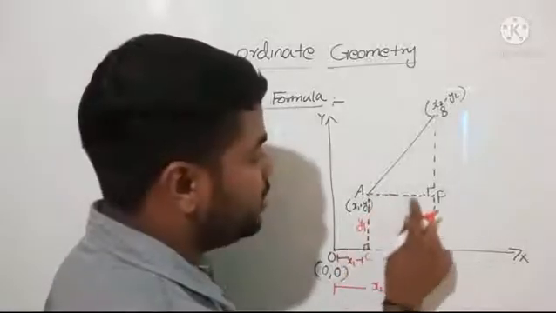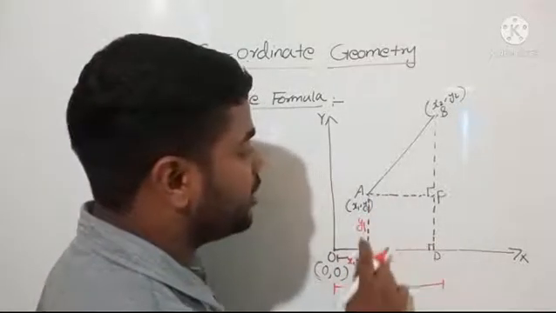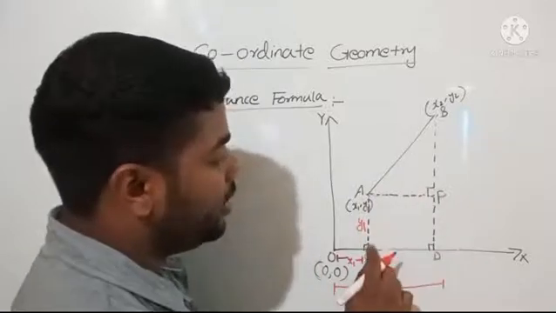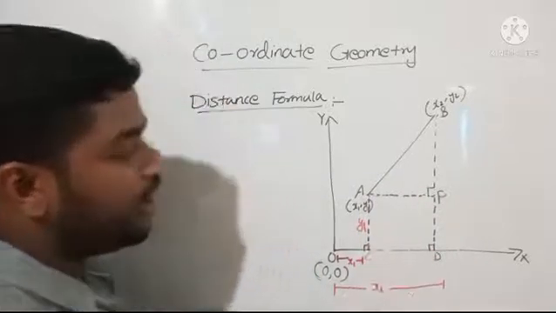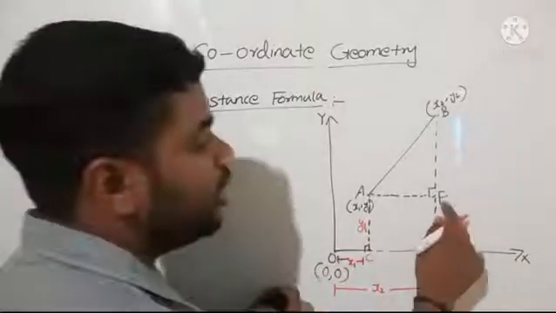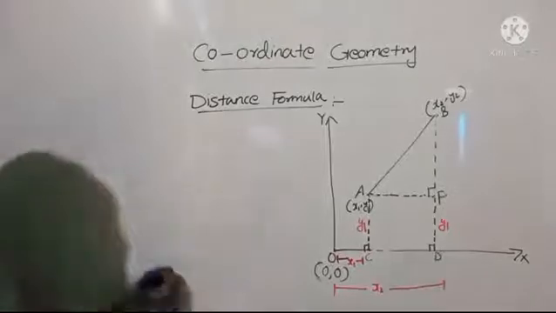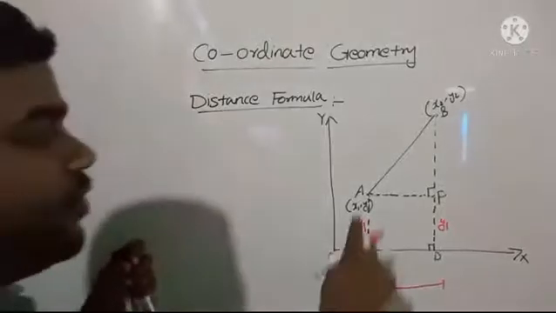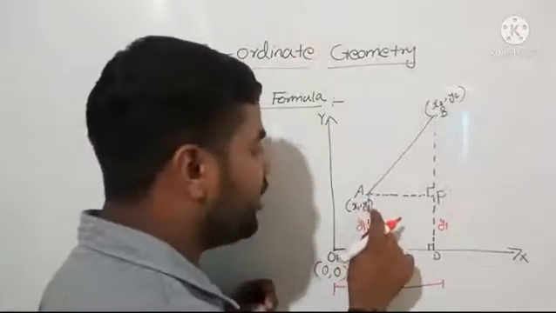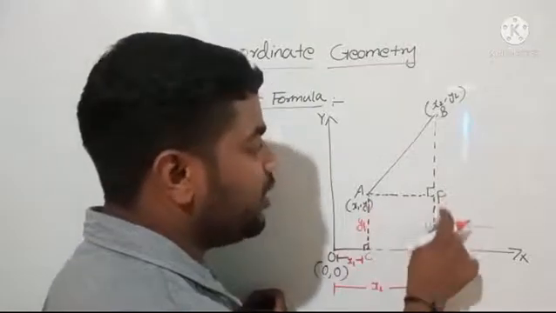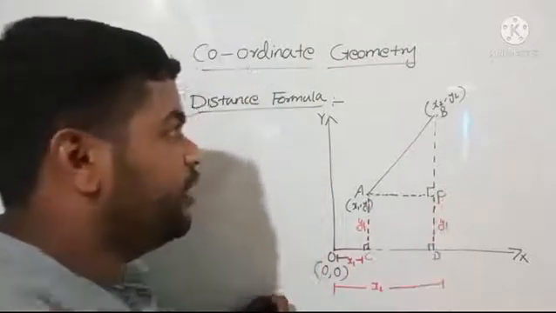APDC is a rectangle, and these angles are 90 degrees. So the length of PD is also y1, the same as AC.